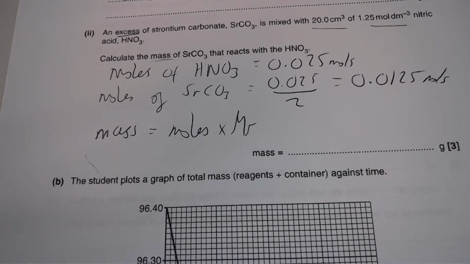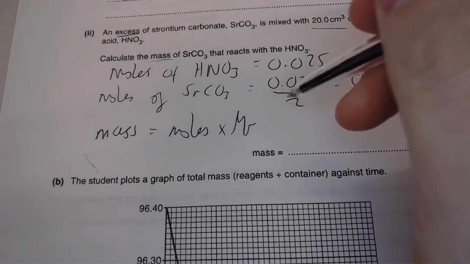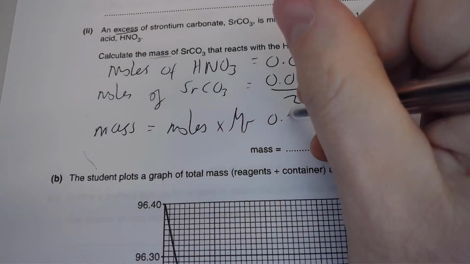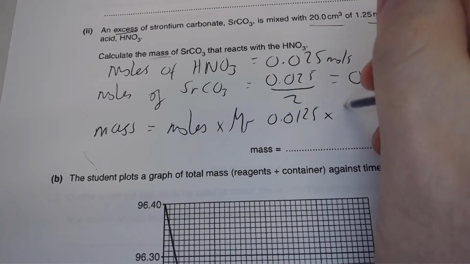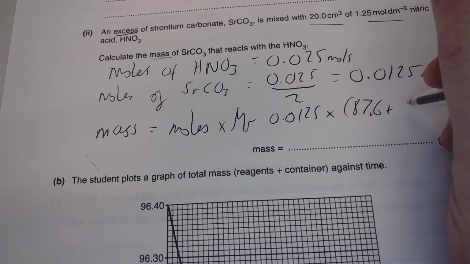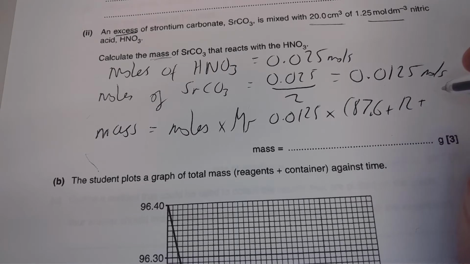So we've got to make sure we've got the right periodic table. And we can see that strontium is 87.6. So we've got 0.0125 times by 87.6 plus carbon, which is 12, plus 3 lots of 16, which equals 48.